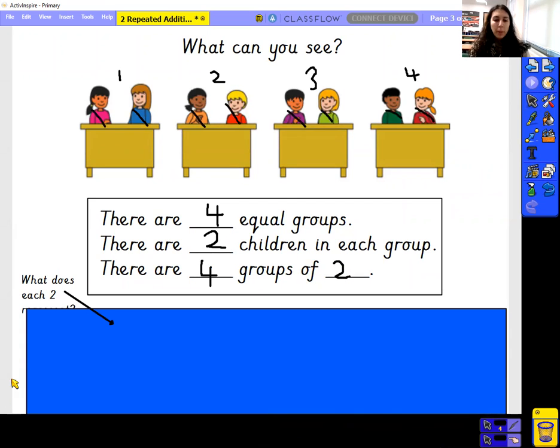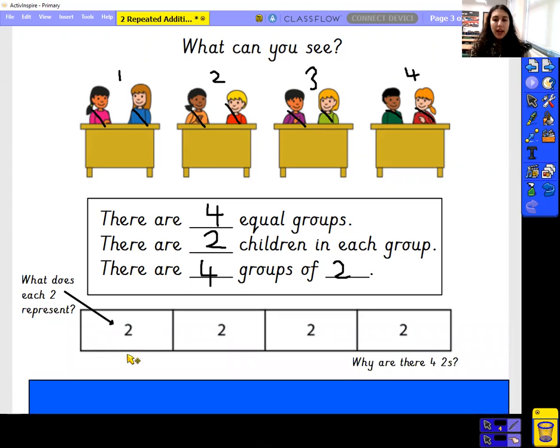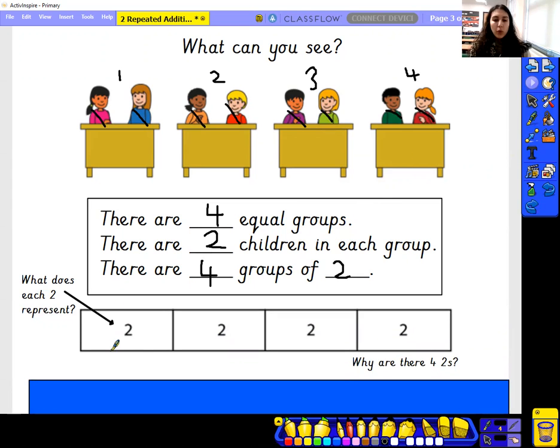4 groups of 2. If I were to show you that in a bar model, you would see that we've got 1 group of 2, 2 groups of 2, 3 groups of 2, 4 groups of 2. So what does that 2 represent? Have a think. If you need some more thinking time, you can pause the video.